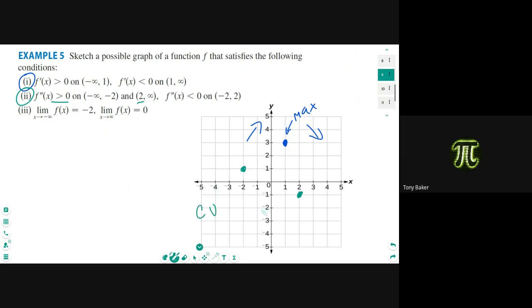Between these two, it's going to be concave down, right? And then over here, it's going to be concave up. And I actually probably should write those lower. So concave up to here, concave down there, and concave up there. Right? Yeah.